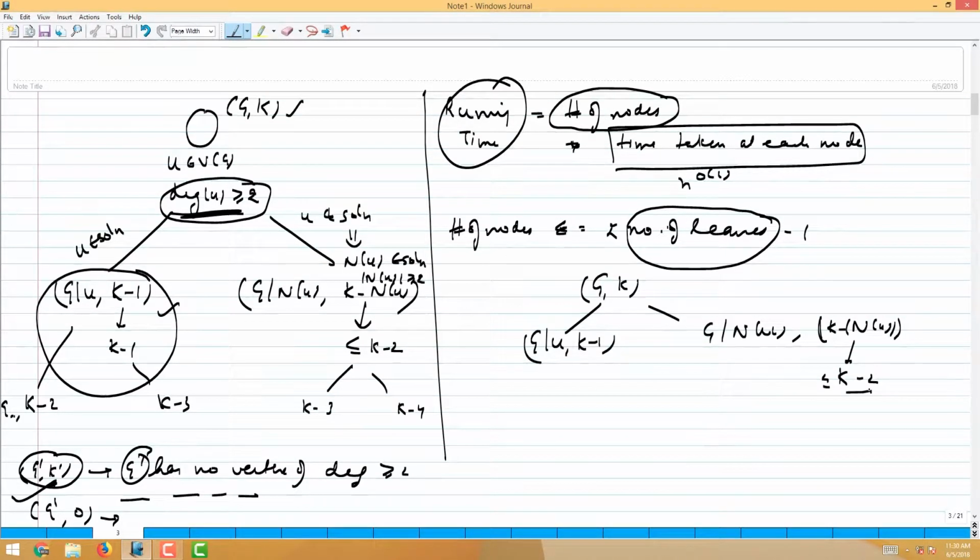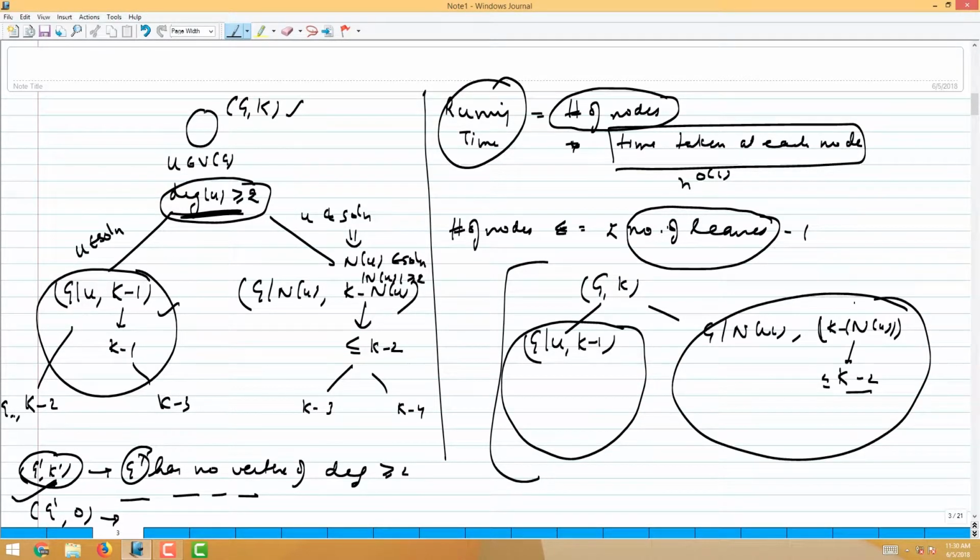Okay, if you want to write a recurrence, then how should it look? So we are interested in bounding the number of leaves in this branching tree. To write a recurrence, we can say that the number of leaves in this branching tree is equal to the number of leaves in this branching tree plus the number of leaves in this branching tree, right? If I have to solve it using a recurrence, how many leaves are there in this whole branching tree?